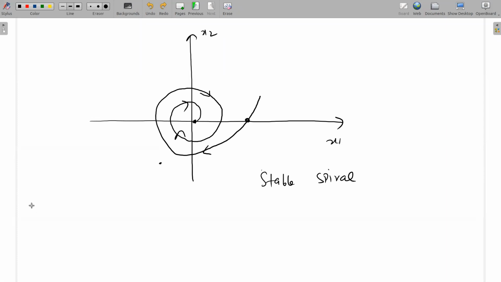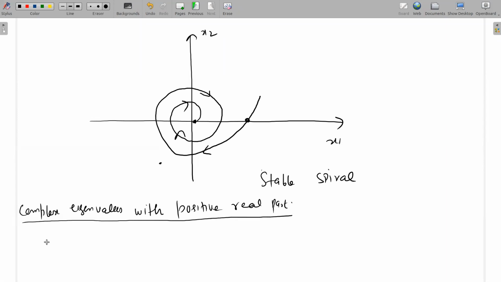So next case is complex eigenvalue with positive real part. So I'm taking a matrix which has complex eigenvalue with positive real part. So if lambda be an eigenvalue of A, then lambda equal to 2 plus minus 3 iota.